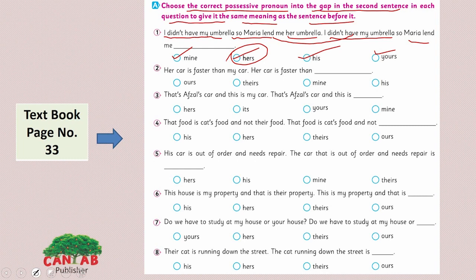Here we show the relationship between the umbrella and Maria. Maria owned an umbrella and she lent it to me. So we will choose hers, the possessive pronoun, because it shows the possession of the umbrella which belongs to Maria.